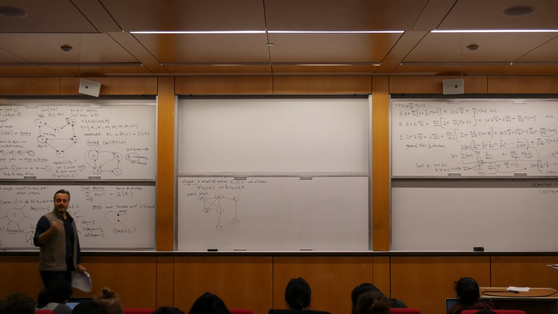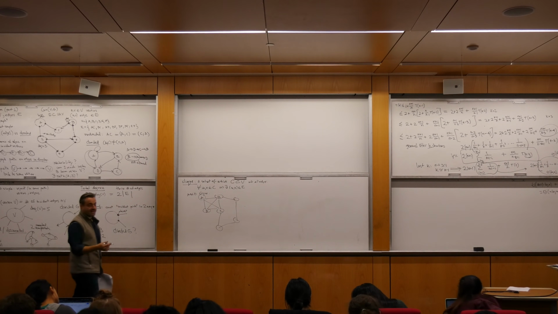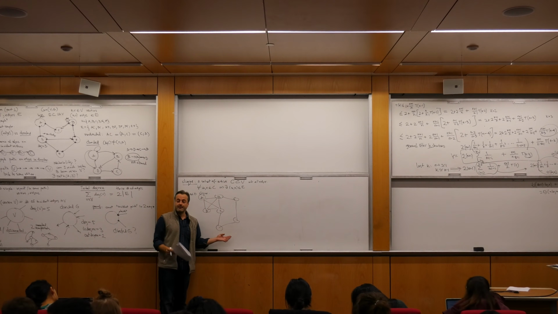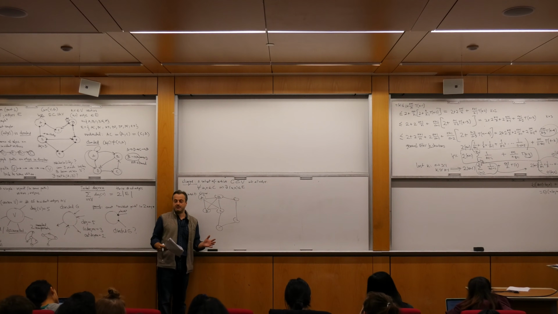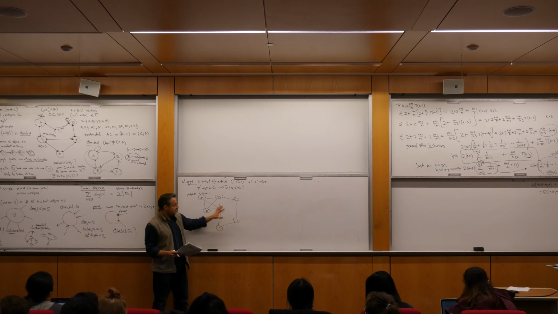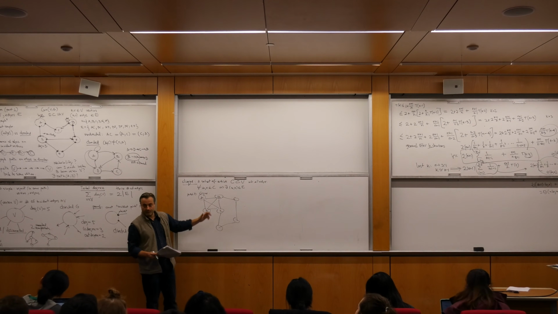It has all the possible edges in between. Now the graph itself is not a clique because there are some edges missing. If the whole graph is a clique, that's the problem you had in the quiz. All politicians shake hands with all politicians, then all the edges must be there. This graph is not a clique because there are some edges missing, but this subset of the vertices forms a clique.